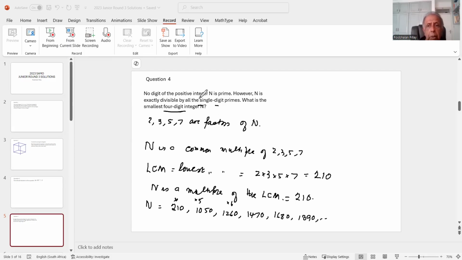But now you want to know which is the smallest. This is out because it's a three-digit number. But now you also know that no digit of n is a prime number. None of these is a prime number.